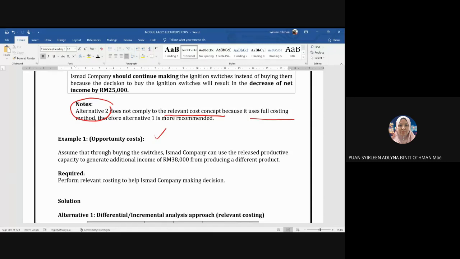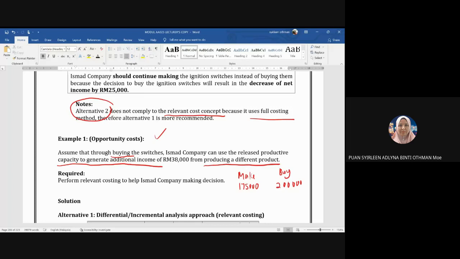Kalau kita make, this is based on example alternative 1 tadi, kita akan bear 175,000. Kalau kita buy, we are going to bear the cost of 200,000. Tapi dia bagi tahu, if you buy the switch, you can use the release productive capacity to generate additional income by producing a different product.